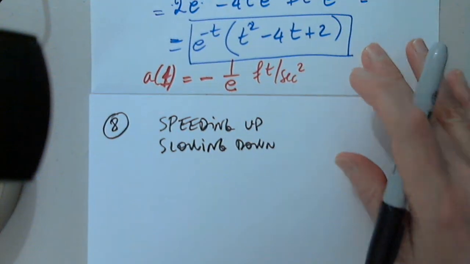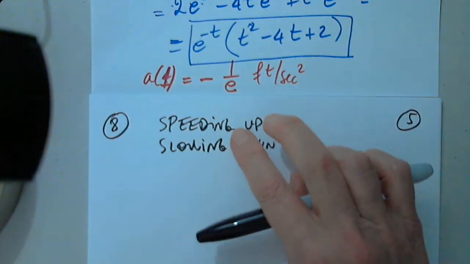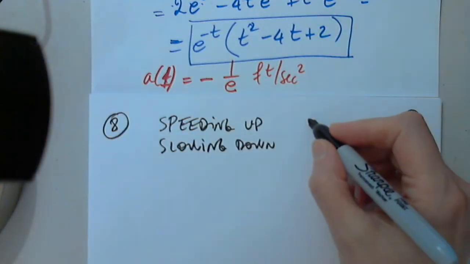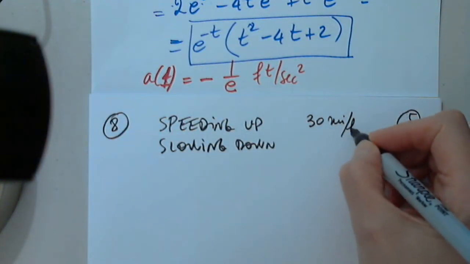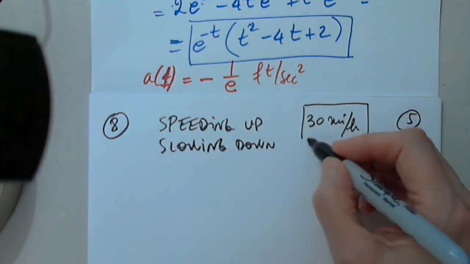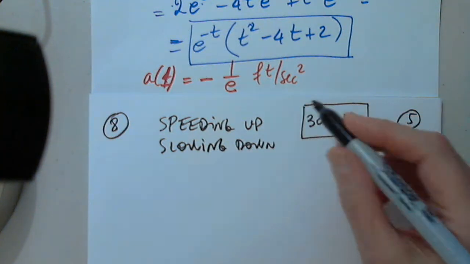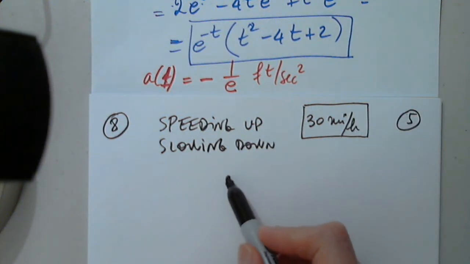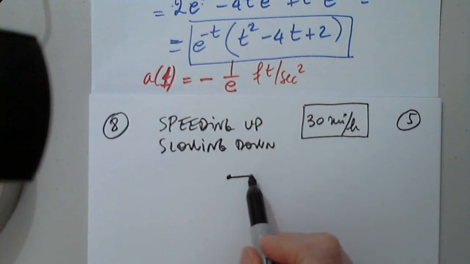Okay, so now let's think about 2 scenarios here. You're riding your bike, and let's say you can do 30 miles an hour. Good for you. That's the maximum speed you can ride your bike at. Let's assume that. So here is you on a bike. I cannot draw that, of course.